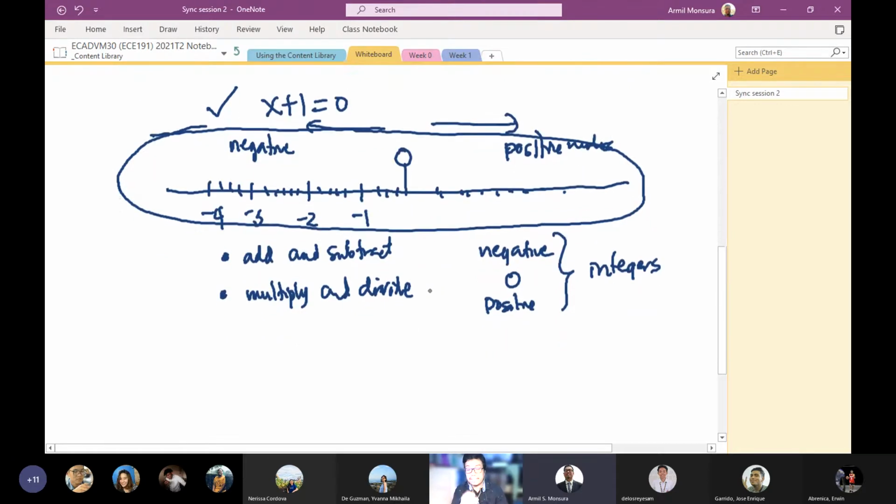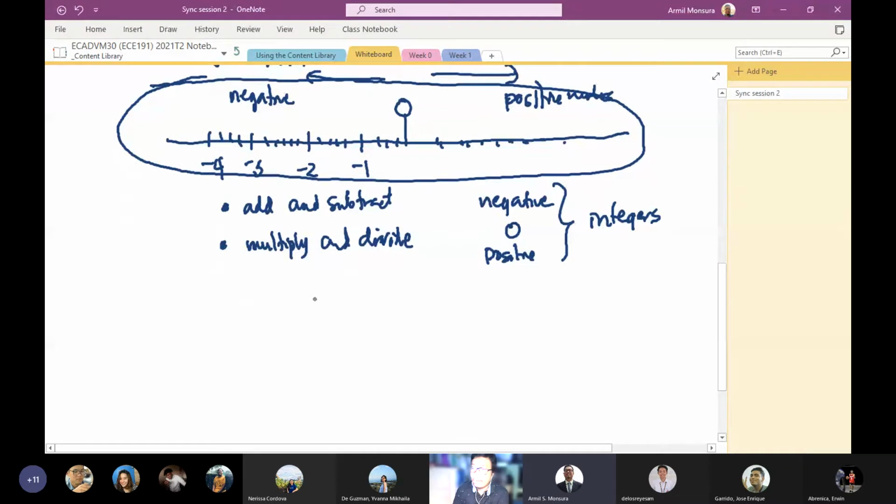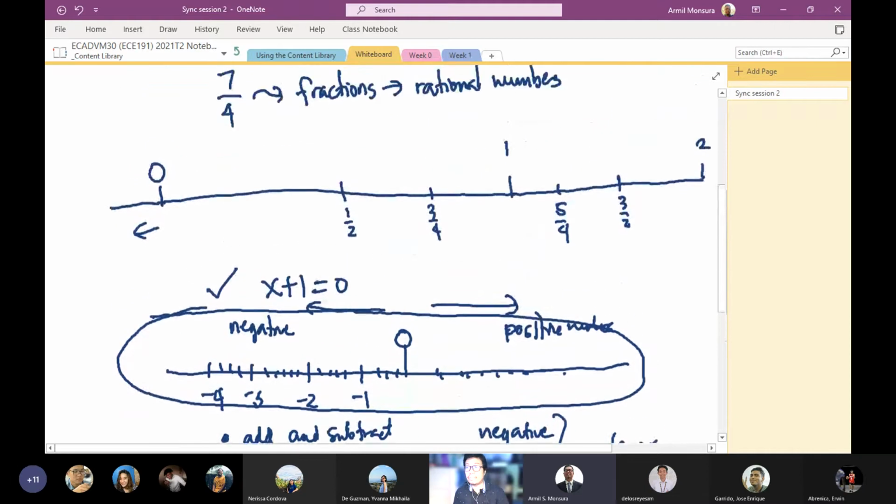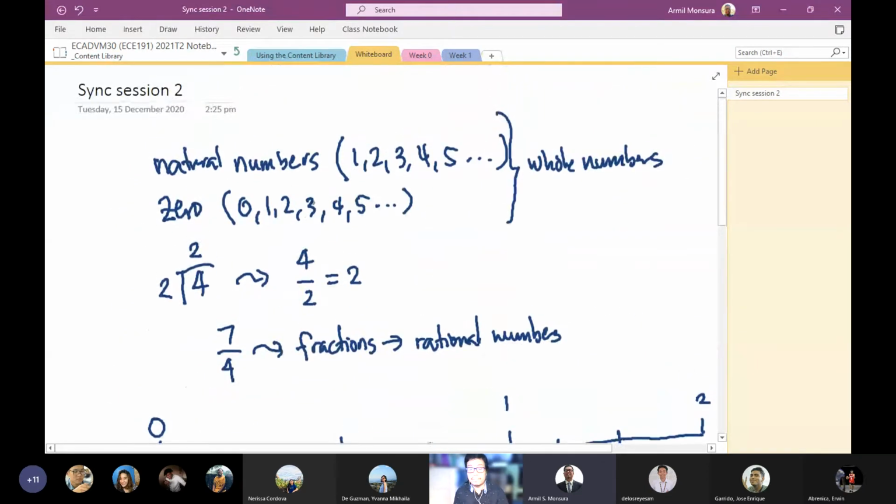Okay, and then finally, you now have to define another set of numbers that can actually solve something like x squared minus 2 equals 0. Equations like this cannot be solved in the current set of numbers that you have.